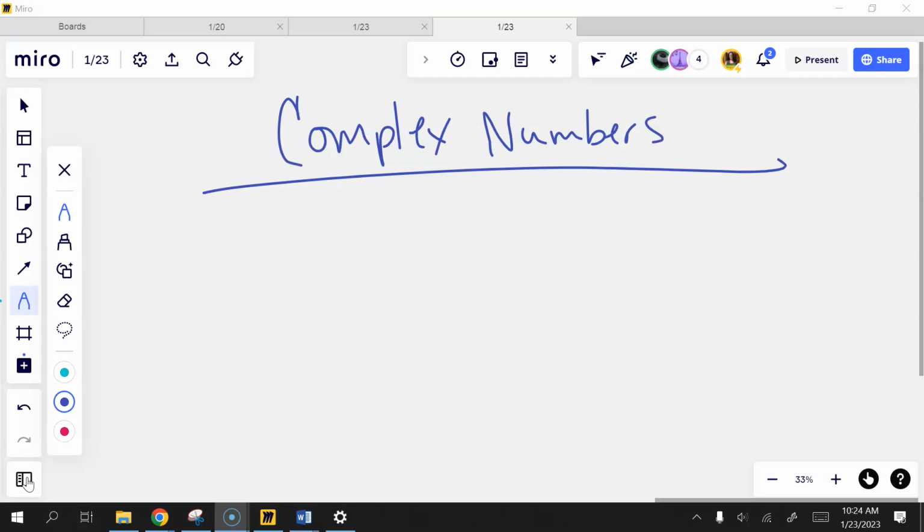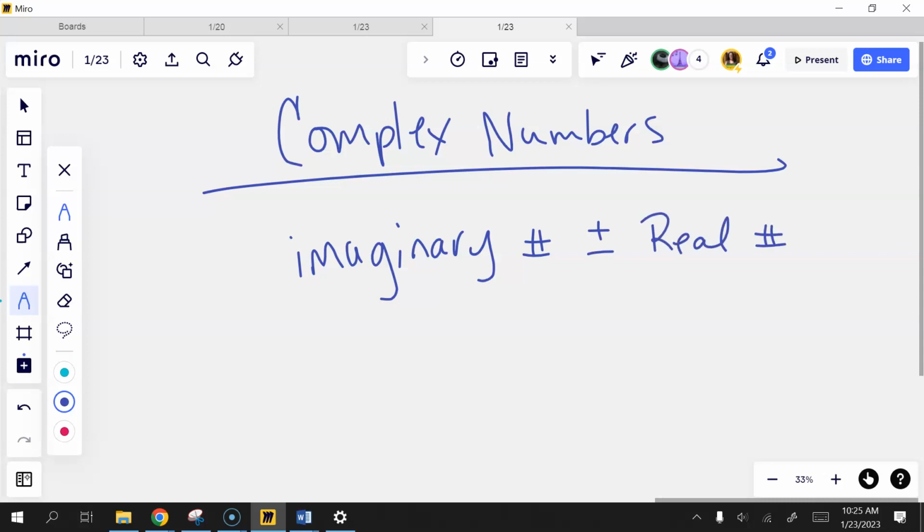Okay, complex numbers. So far, we've talked about real numbers because that's what we talked about to start with anyway. Then we talked about imaginary numbers. Now we're talking about complex numbers. So complex numbers are really easy. They are imaginary numbers that you either add or subtract a real number to, and you leave them just this way.